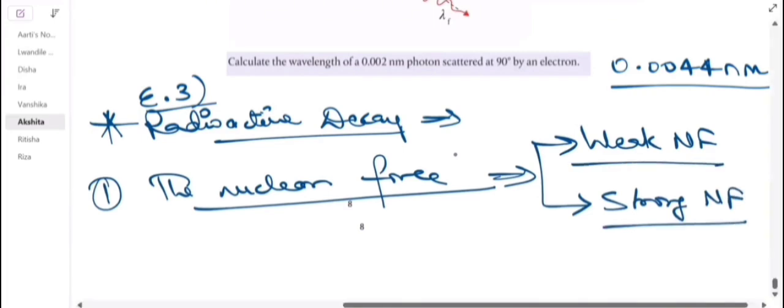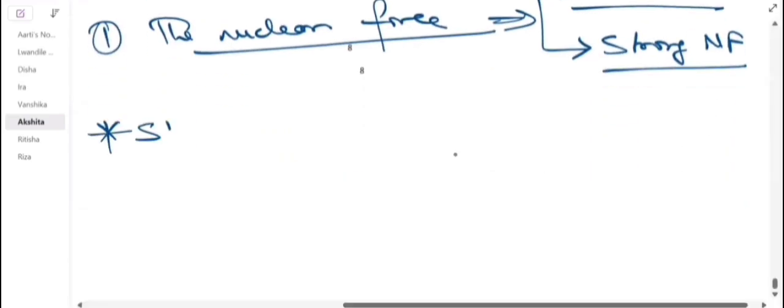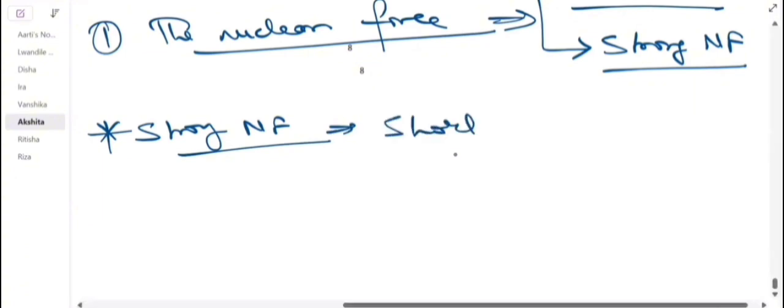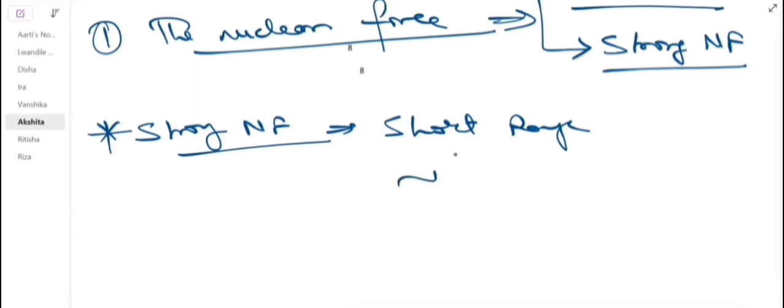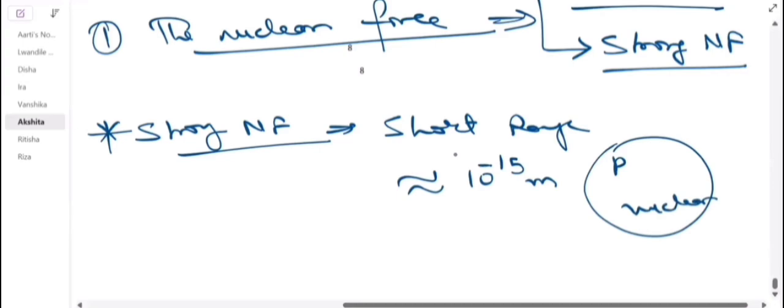Strong nuclear forces are of very short range. It only acts up to a distance of 10^-15 meters. Hence, it is only found in the nucleus, between proton and proton, and proton and neutron.